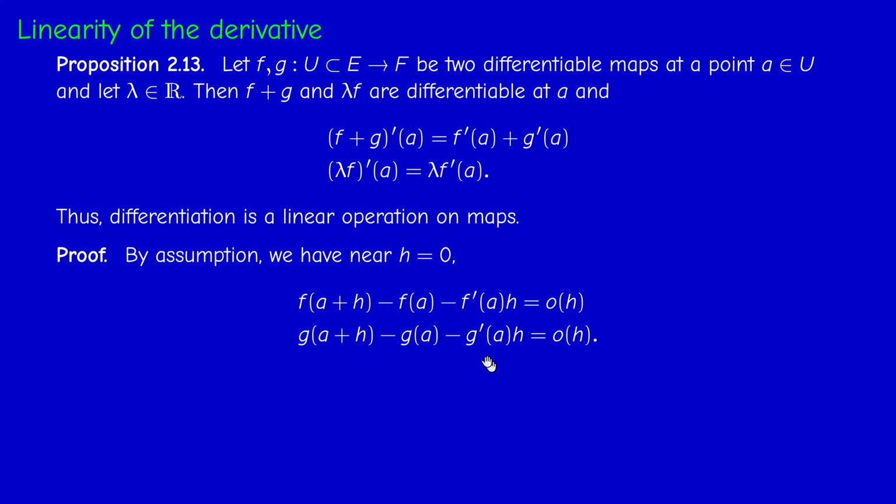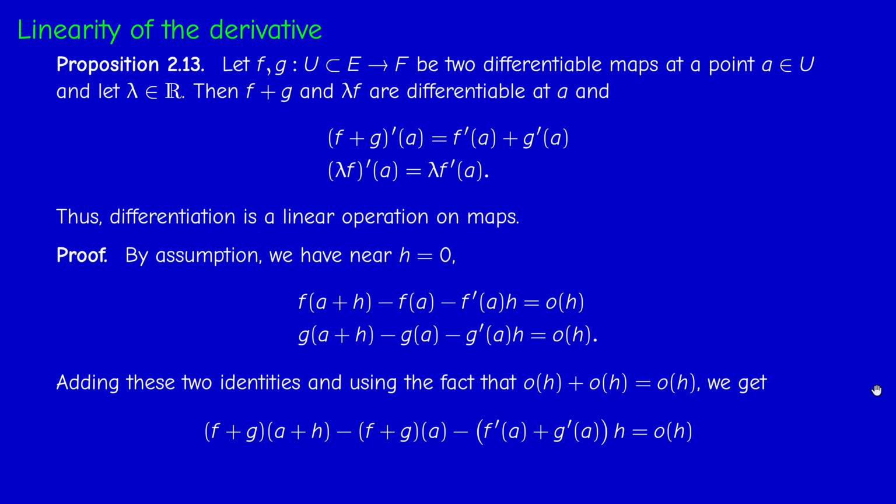Near h equals 0, we can approximate f by its tangent. Same thing for g, and we just add these two. And by the rules that we explained in the beginning, small o of h plus small o of h is small o of h, in the sense that small o of h is not really a number or a vector. It's really a set of maps which satisfy that the norm of the map over the norm of h tends to 0.